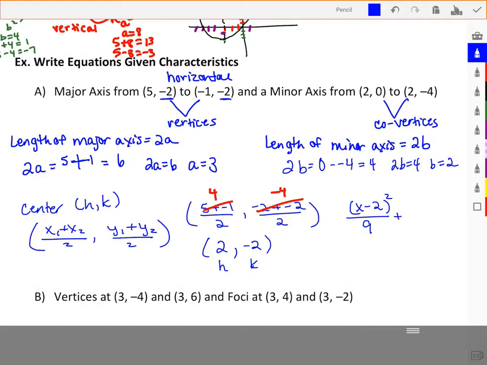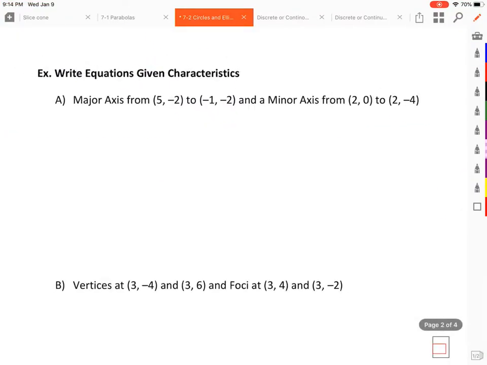Plus, always a plus on that, y minus a negative 2 squared, so we might as well just make that a plus, over 2 squared, which is 4. That just came from our b squared, equals 1. So that's the equation. Okay?